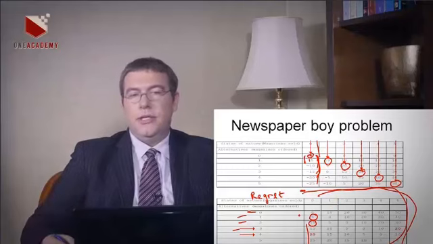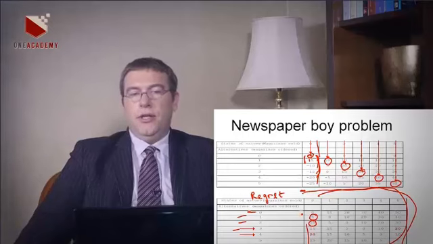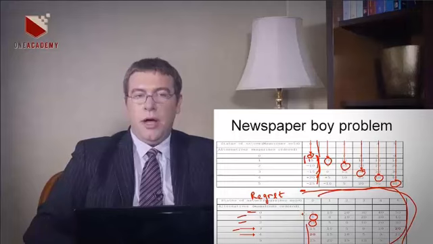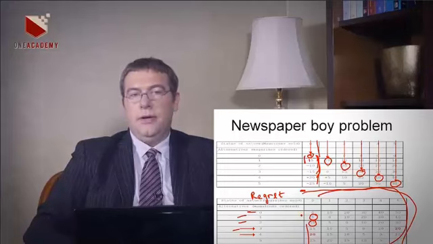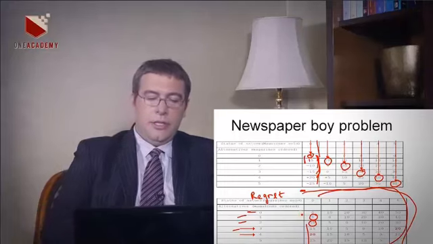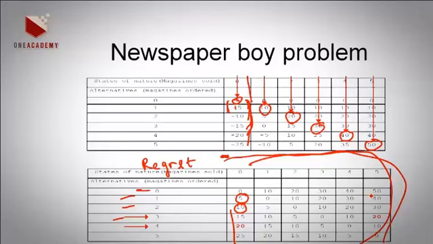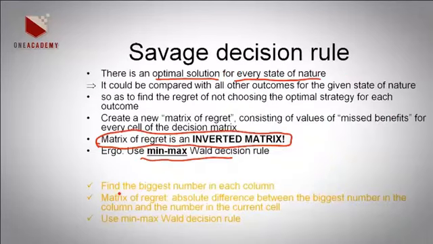And I remind you that this is an inverted matrix, so it will be the so-called min-max, the minimum out of the maxima of Wald. I have put this here. Find the biggest number in each column, which is the worst possible outcome. Construct the matrix of regret, and then use the min-max of Wald as a decision rule.